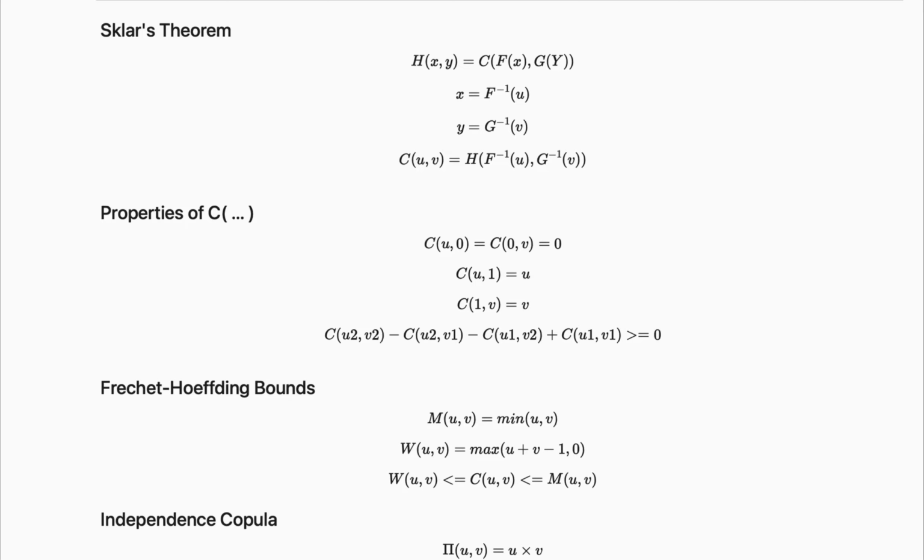Step two is then to say, okay, if I have a parametric form of a copula, what is the parameter or parameter set? What values of parameters best fit the data that I'm trying to model? This can be done using maximum likelihood estimation or inversion based on Kendall's tau.